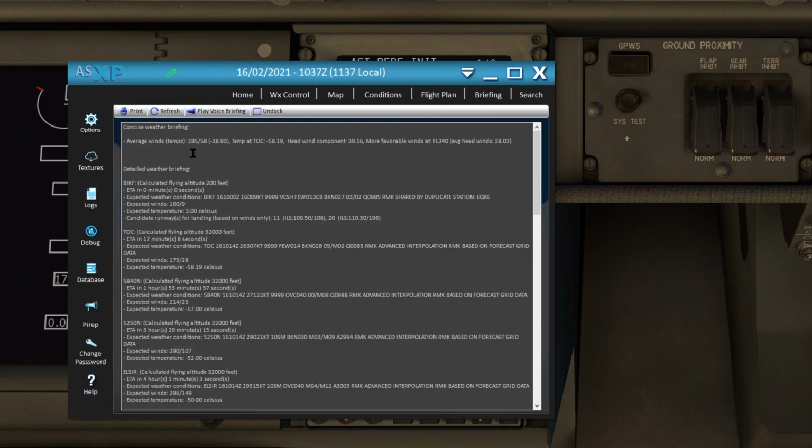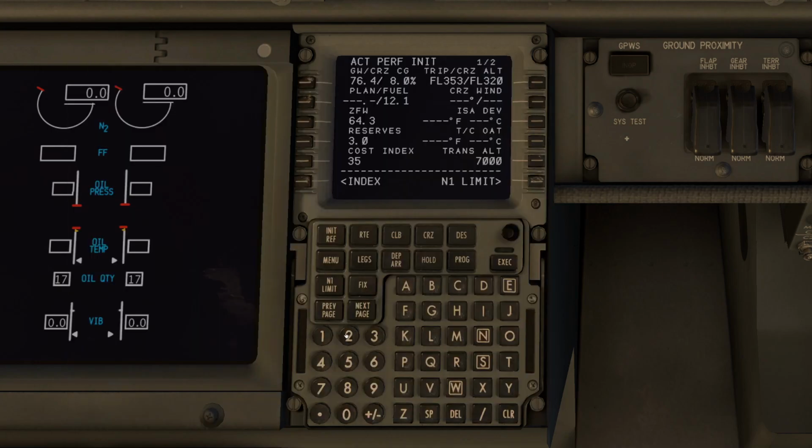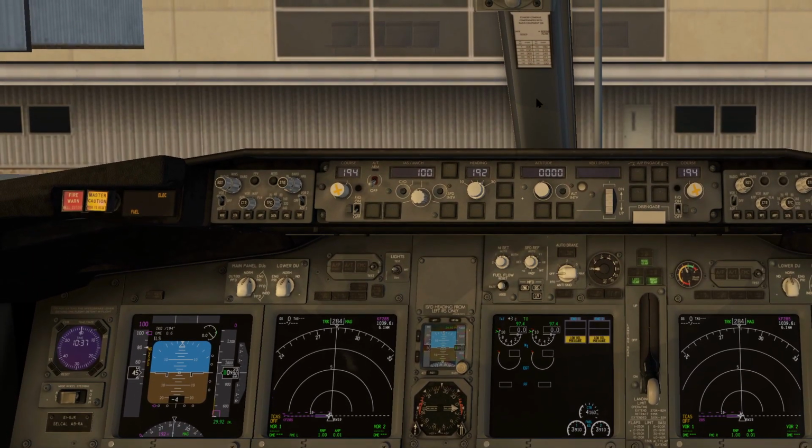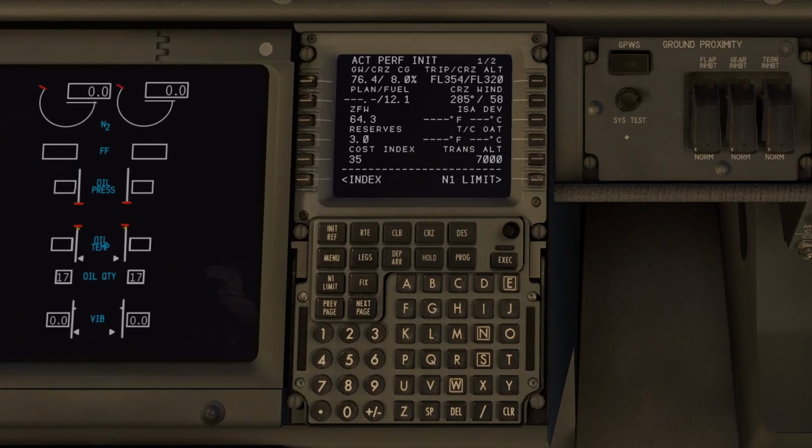Average wind 285 at 58. So a rather strong headwind, as usual, over the Atlantic in this easterly direction. So temperature is 3 degrees.